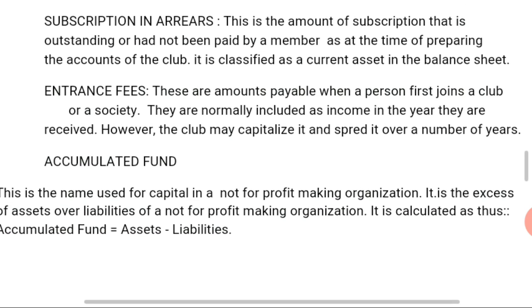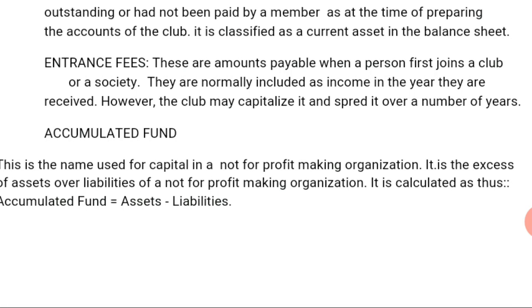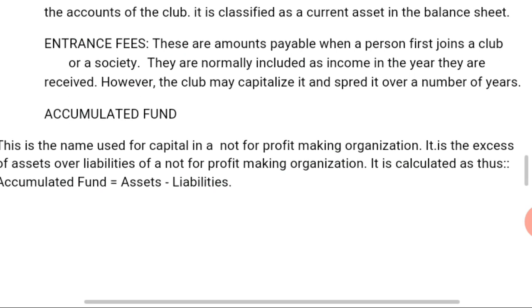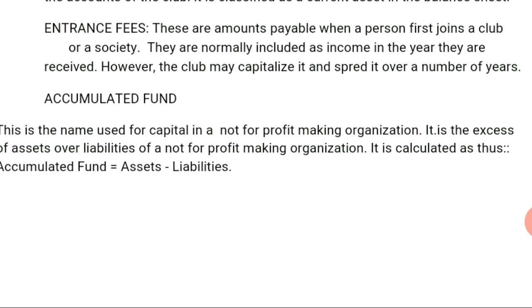That's the amount introduced by the owner for establishing a business. But when we are talking about a not-for-profit making organization, we refer to the capital as accumulated fund. Therefore, accumulated fund is the equivalent of the capital of a profit-making organization.